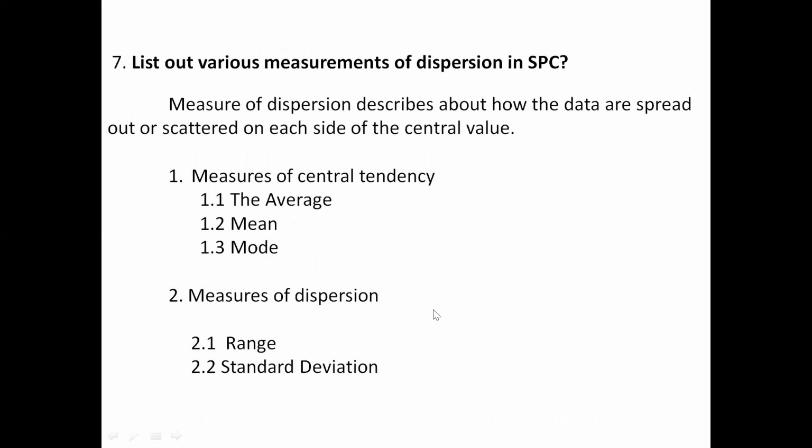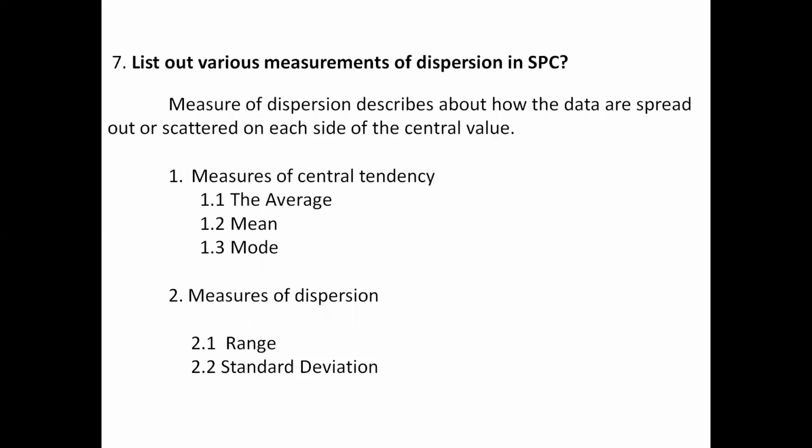Seventh question: what are the various measurement terms? Measures of dispersion are used. Dispersion means moving away from the center value. The measure of dispersion describes how the data are spread out, scattered on each side of the center value. For example, diameter 50 plus or minus 5 mm means how the value changes from 50.